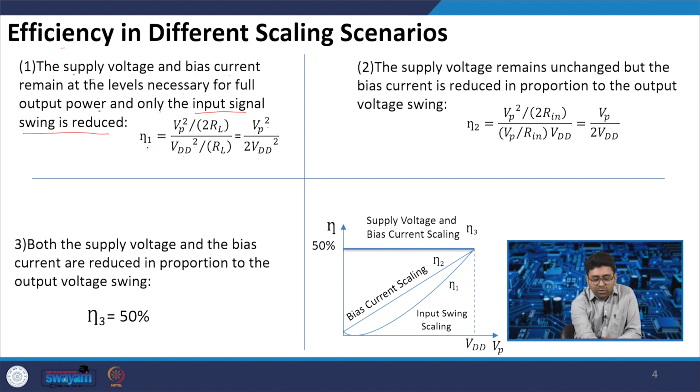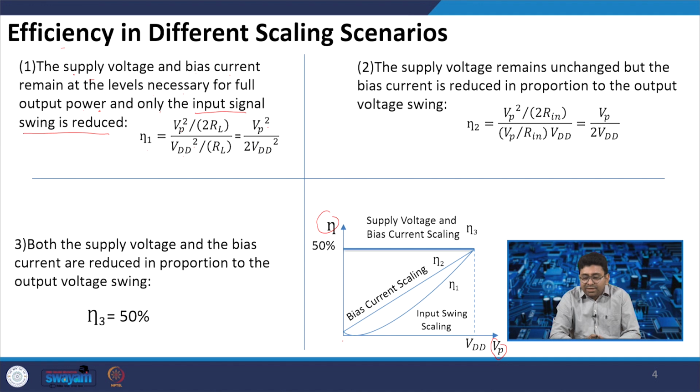If we plot this efficiency 1 with respect to the voltage swing, which is starting from 0 to VDD, here Vp is the voltage swing and this is the efficiency. If we consider input swing as a scaling parameter, then efficiency 1 has a behavior which looks like this, because it has a square behavior, that is Vp square by 2 VDD square.